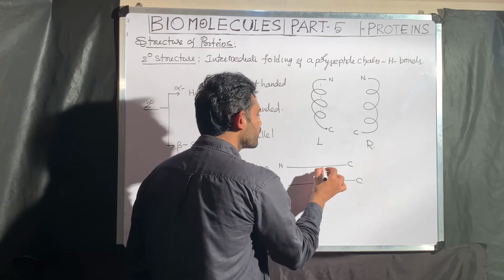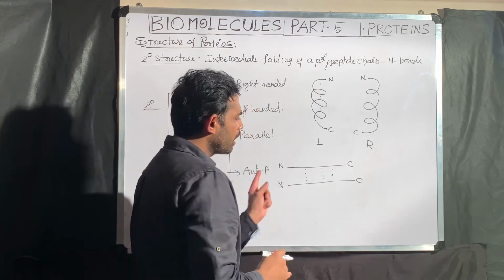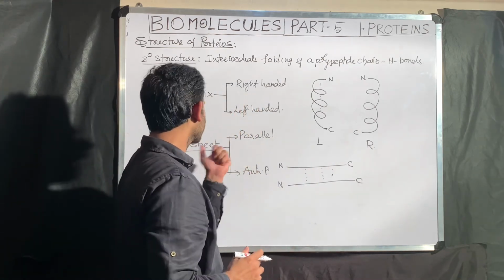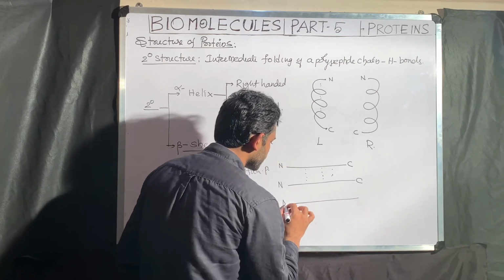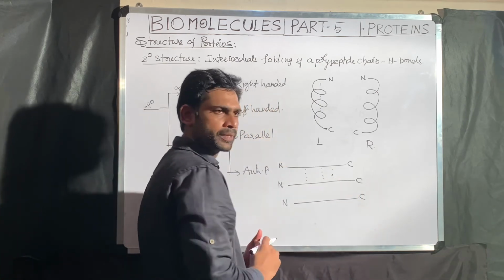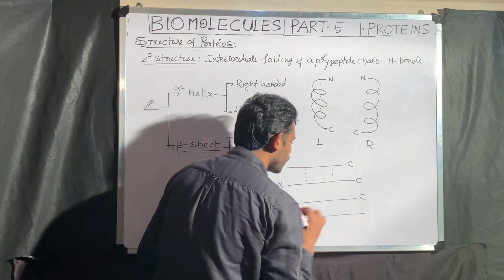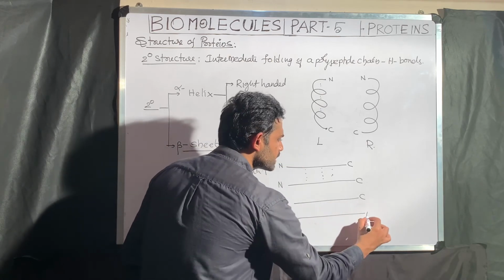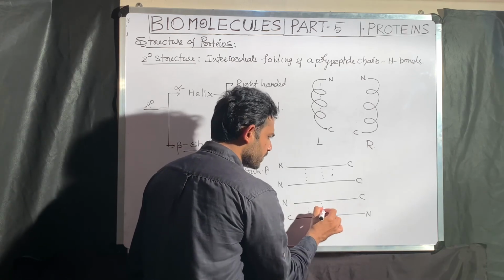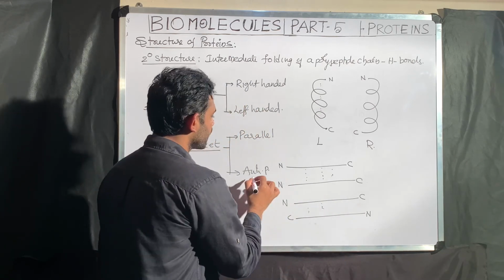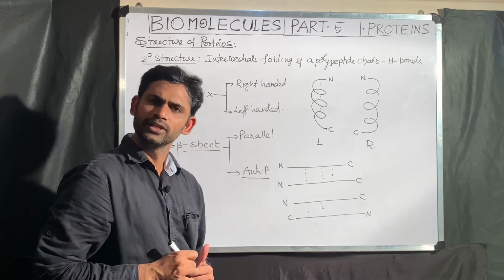Between these two, hydrogen bonds will form. This type is called a parallel beta sheet. For example, this is one polypeptide chain, N terminal, C terminal. One more polypeptide chain, this is the N terminal, this is the C terminal. Hydrogen bonds. This type is called an anti-parallel beta sheet.